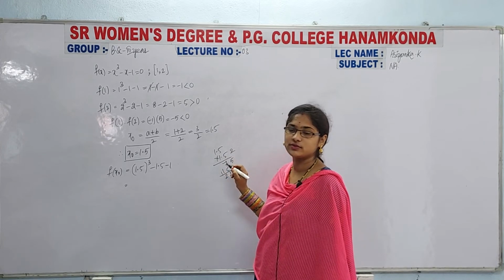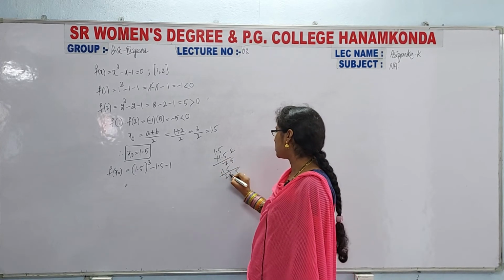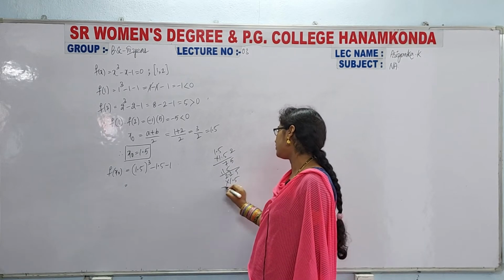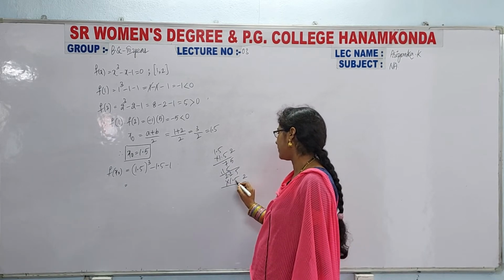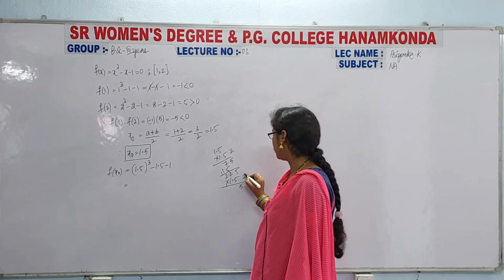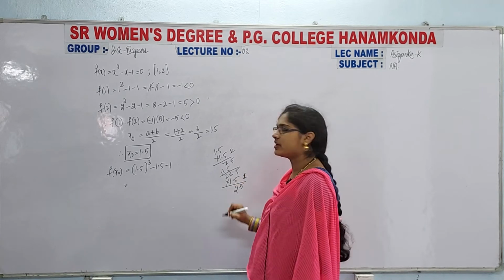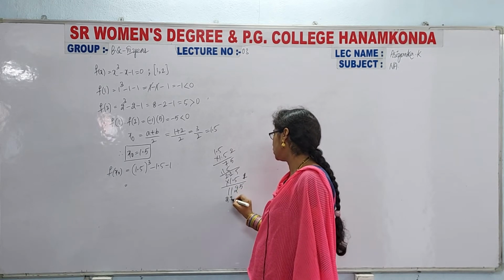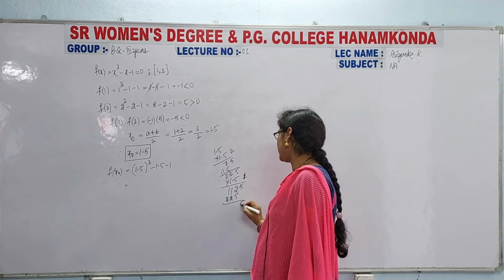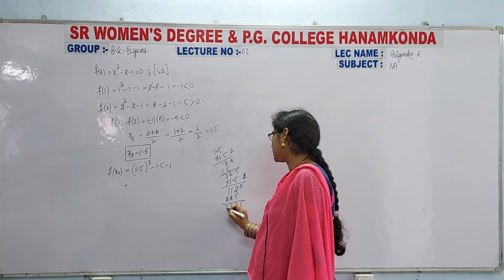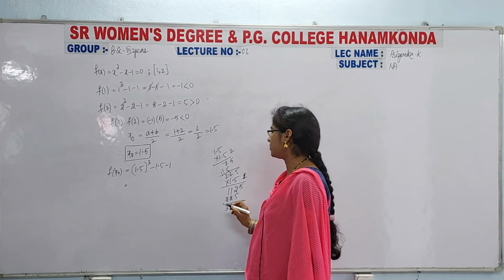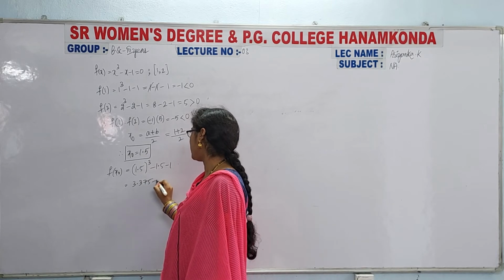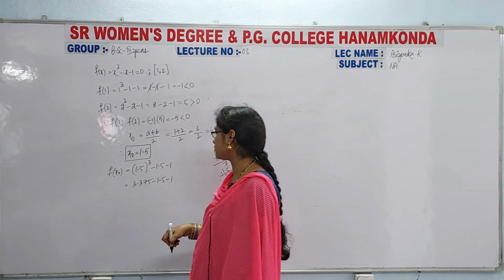After how many digits do we have the point? Two, so it is 2.25. Again into 1.5, and we get 3.375.